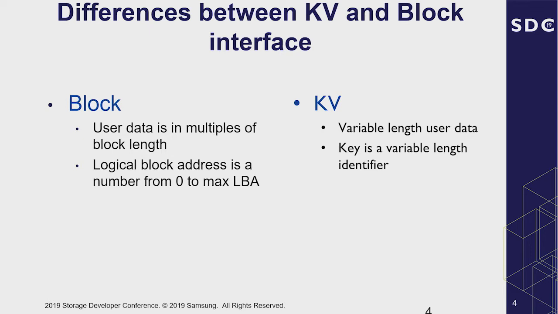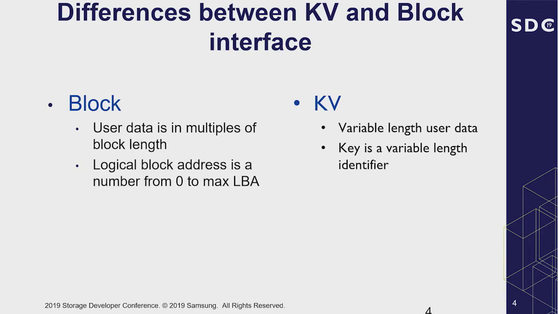With key value, you have variable length user data. That can be 1 byte in theory. Storing 1 byte may not be the best thing to be doing, but in theory it could be a byte, it can be a megabyte. There is no definition of it in terms of blocks, it's simply defined in terms of bytes, how many bytes you have. The key, which addresses your data, is also variable length, and it is an identifier. And so instead of being stuck to a logical block address that is of some fixed size, you have a key.